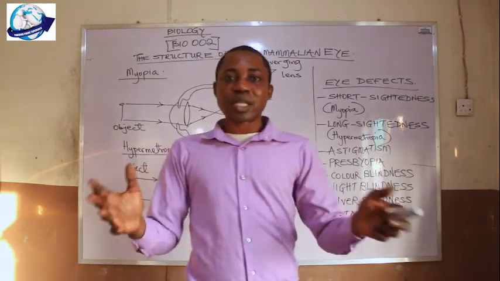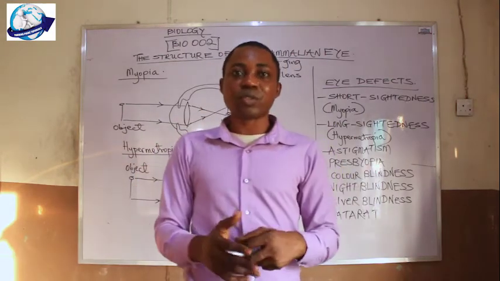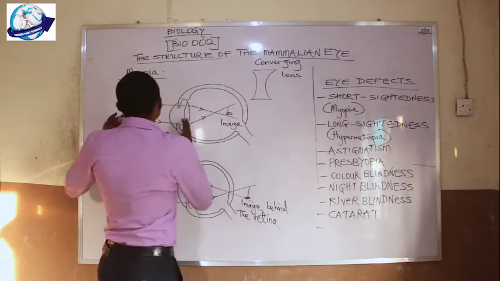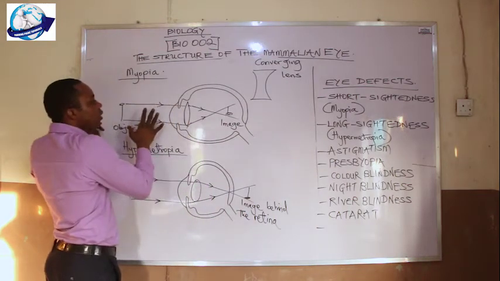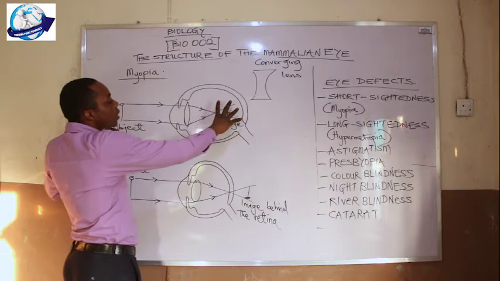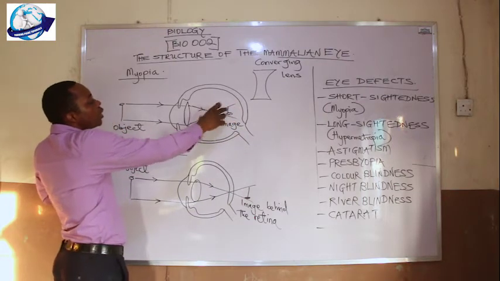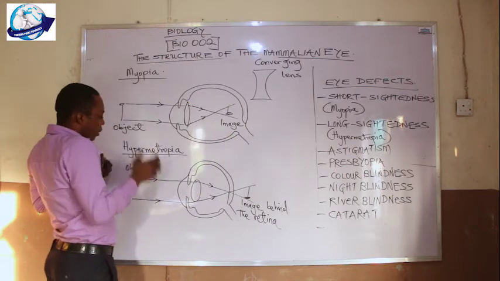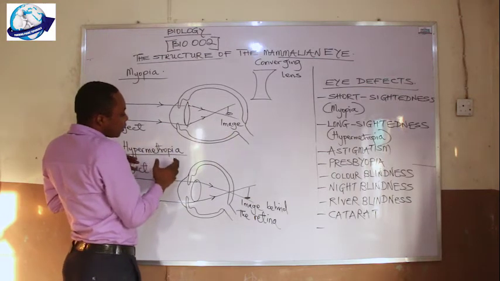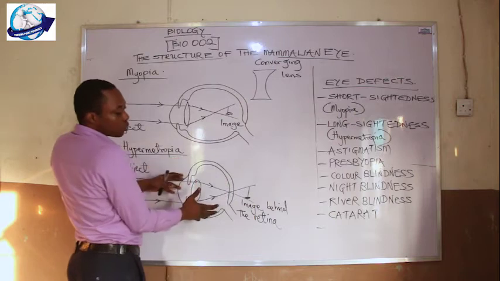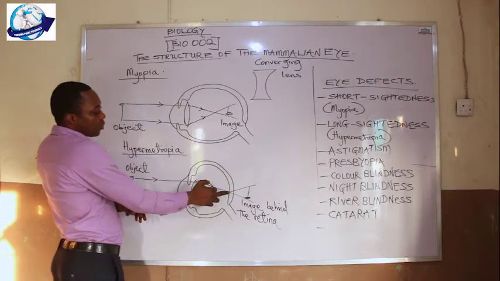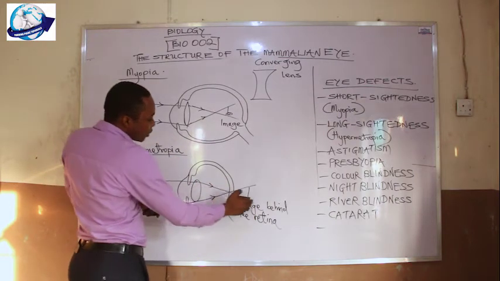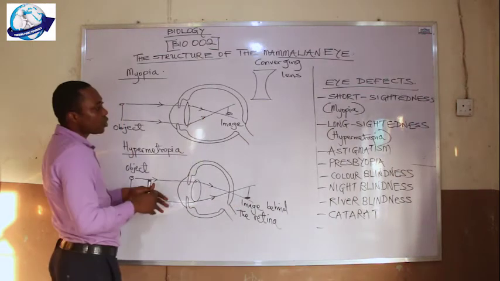They are like opposite issues. In myopia, short sight, the eyeball is too long, and the image appears in front of the retina. Then, in the case of long sight, the eyeball is too short, and the image appears behind the retina. That's how we can differentiate the two.